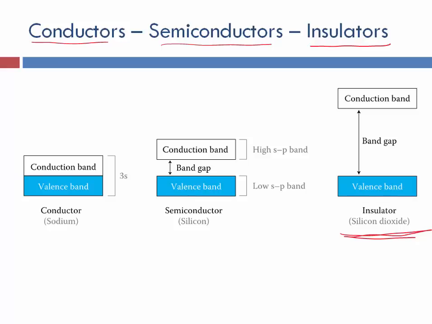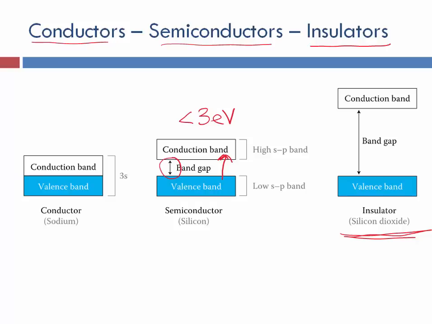In semiconductors, the band gap is much smaller, and generally the band gap is something less than 3 electron volts. That's the definition of a semiconductor. Thermal energy or other types of excitation can boost electrons across the band gap in a semiconductor, and then those electrons can be used to conduct.